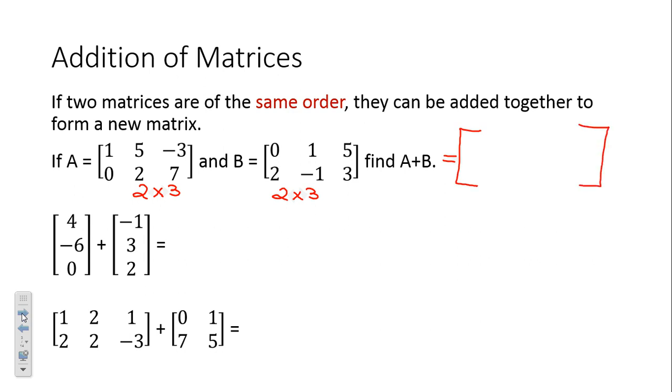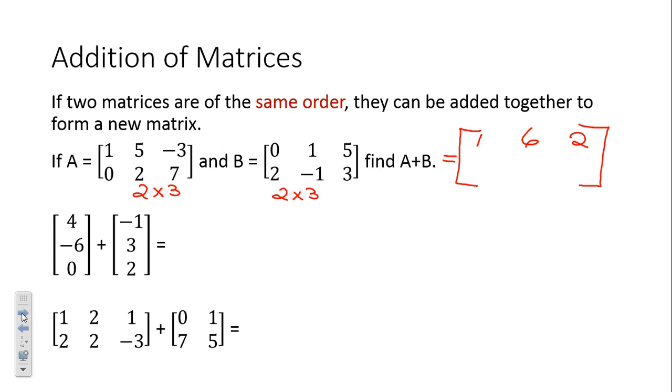Notice we use the square brackets to talk about matrices. And what will be the first element, first row, first column, if we're adding them together? 1. First row, second element. 6. First row, third column. 2.